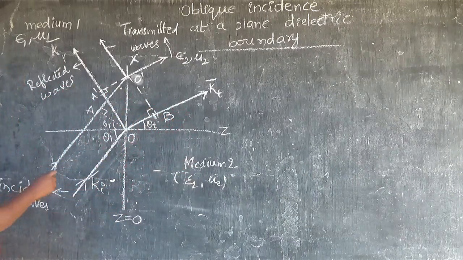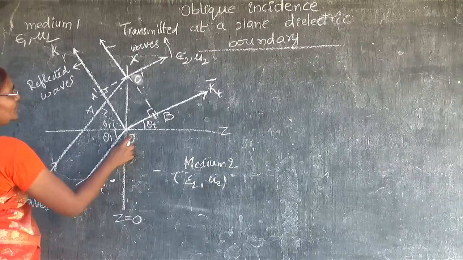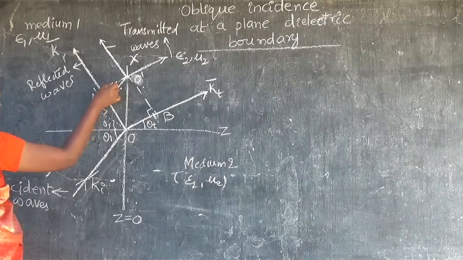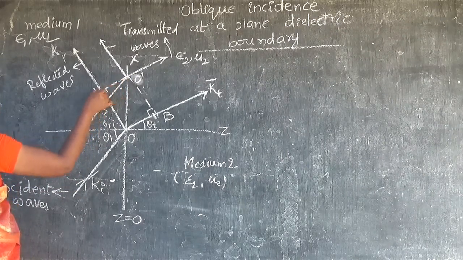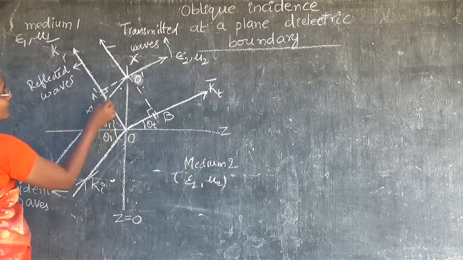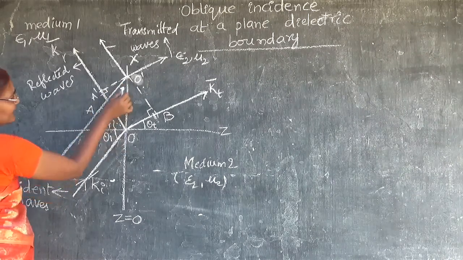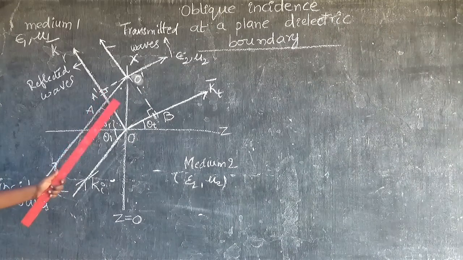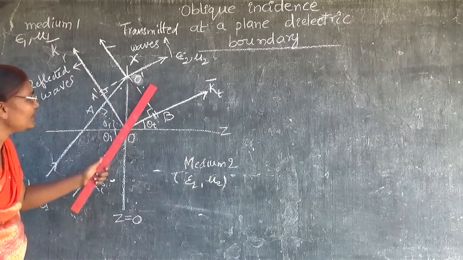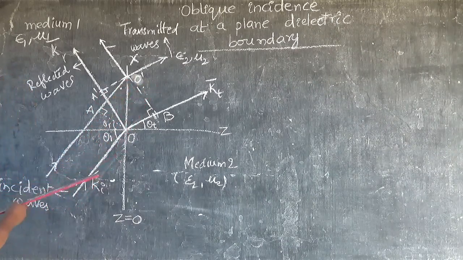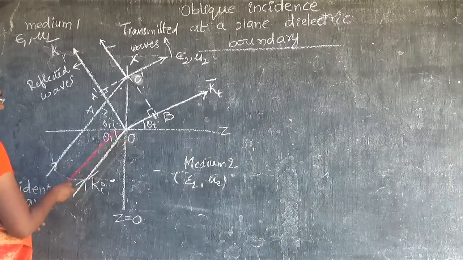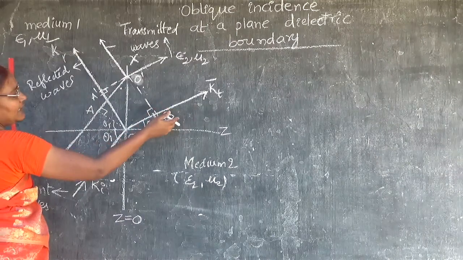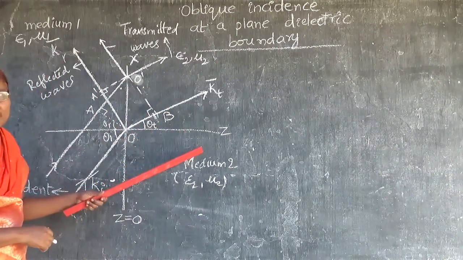Now, this is the point O, and I can draw normals, or I can draw the intersections. These three are called the intersections of the incidence plane on the equiphase surfaces of this incident wave, reflected wave and the transmitted wave.